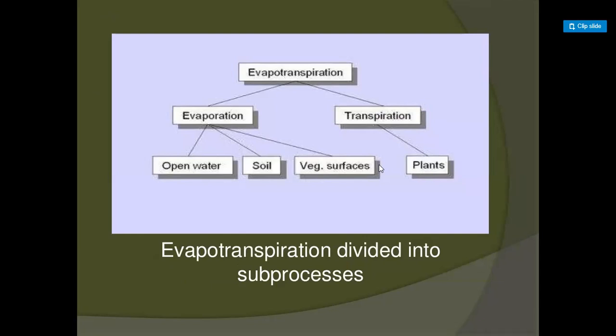Evapotranspiration is divided into sub-processes. Here guys, the evapotranspiration, denoted by ET, is the sum of the water used by plants in a given area in transpiration and the water evaporated from the adjacent soil in the area in any specified time.